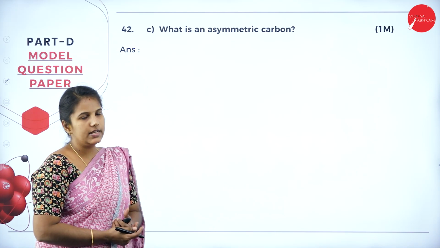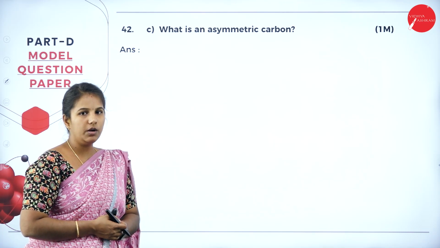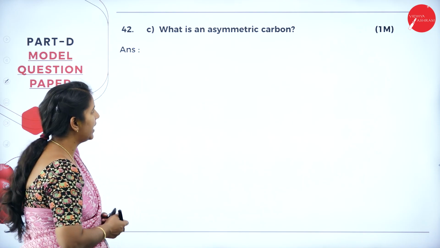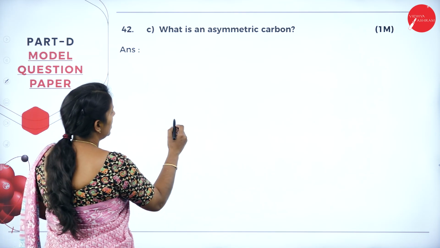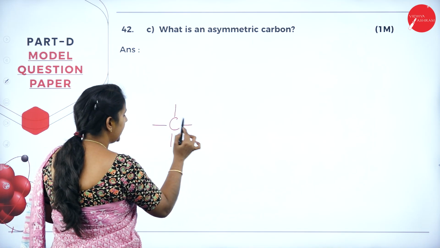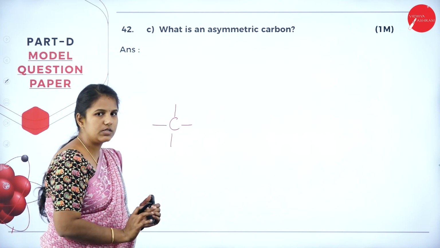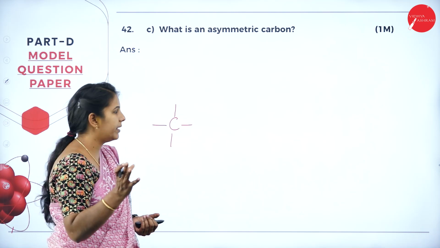So the next question is, what is meant by asymmetric carbon? Here I have not put any answer, so let me explain what is meant by asymmetric carbon. An asymmetric carbon is a carbon attached to four different atoms or four different groups, then it is said to be what? Asymmetric carbon.